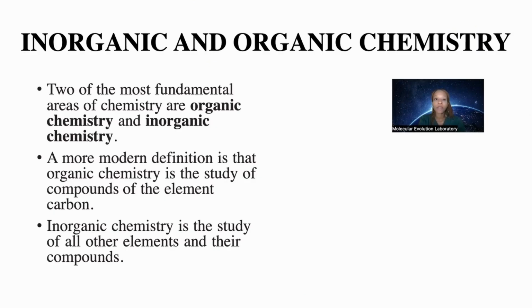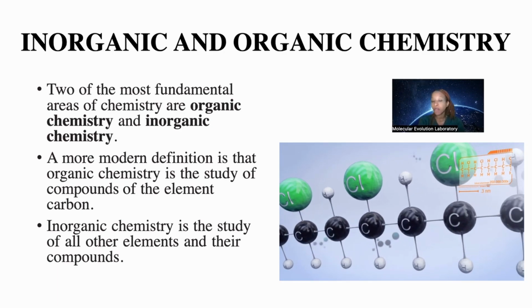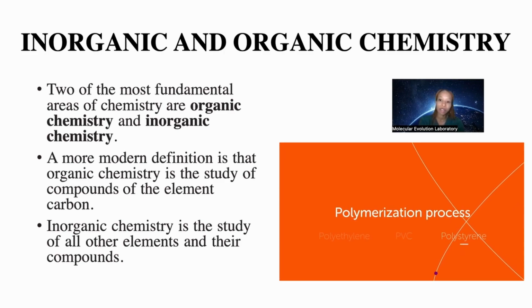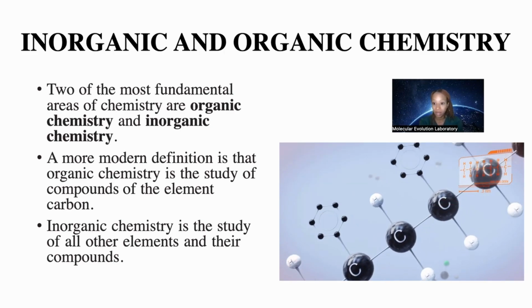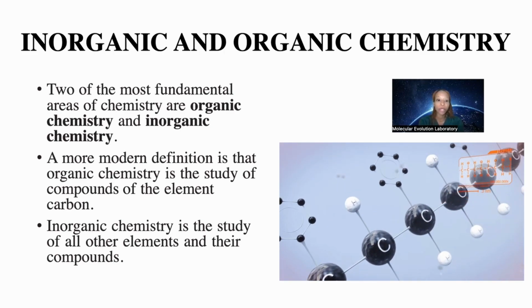The study of chemistry is broken down into either organic or inorganic. Two of the most fundamental areas of chemistry are organic and inorganic chemistry. A more modern definition is that organic chemistry is the study of compounds of the element carbon. So organic chemistry tends to focus on the study of carbon. I guess that would include a lot of the polymers and the synthetic materials that we produce.